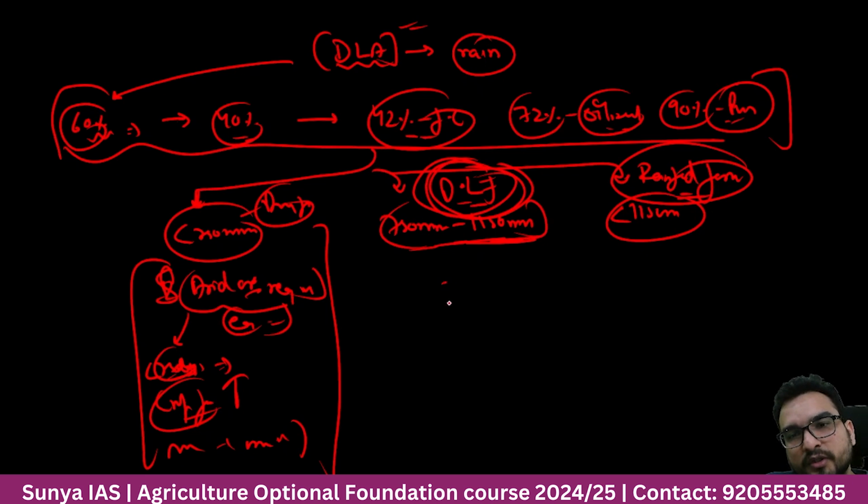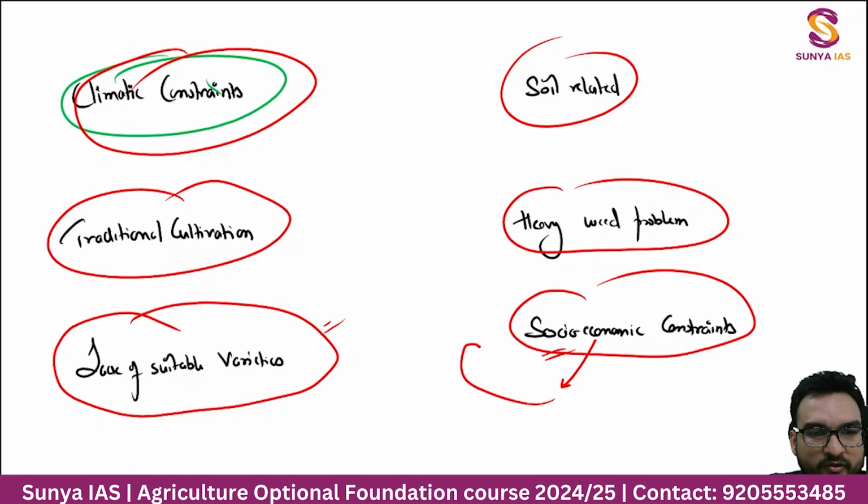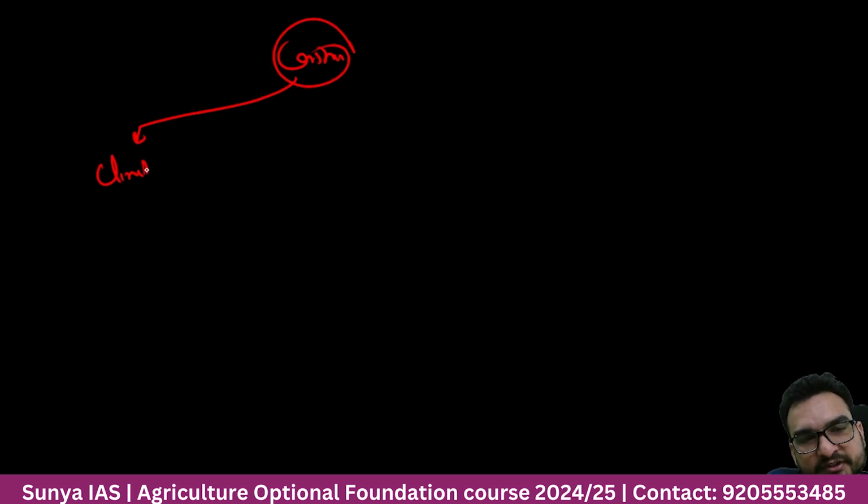After that we understood the rainfall pattern. Then the important topic was the constraints, what the constraints basically are. Climatic constraints you have seen, which you will explain in the form of rainfall, temperature and monsoon.